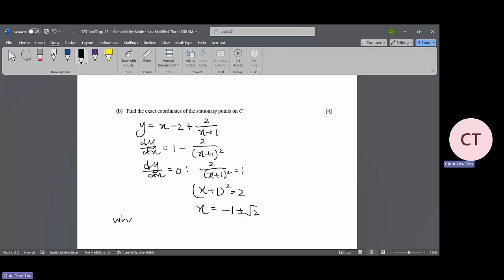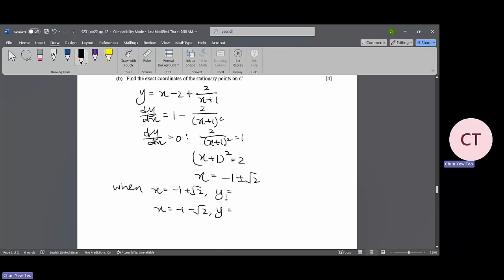So when your x is equal to negative 1 plus root 2, what is your y? When x is equal to negative 1 minus root 2, what is your y? So we need to replace the x inside here to calculate the value. Over here, you need to solve it manually. It will be a bit troublesome.